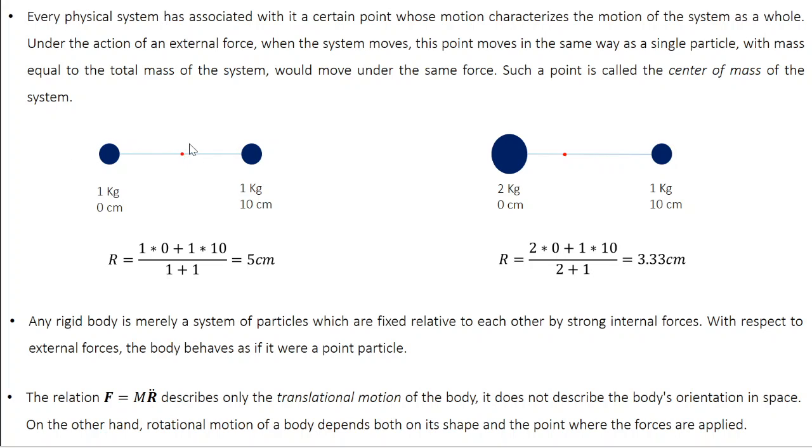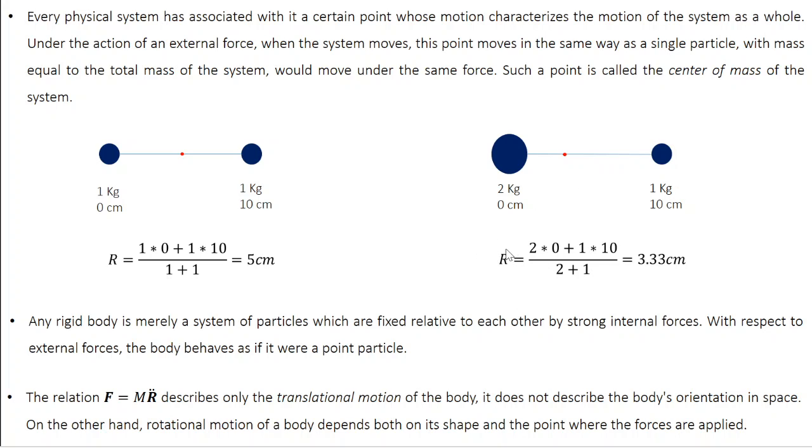So if you have a uniformly distributed system, then the geometrical center is going to be the center of mass. On the other hand, if you have a non-uniform system, suppose at one end you have 2 kilogram, at the other end you have 1 kilogram. Now what happens?